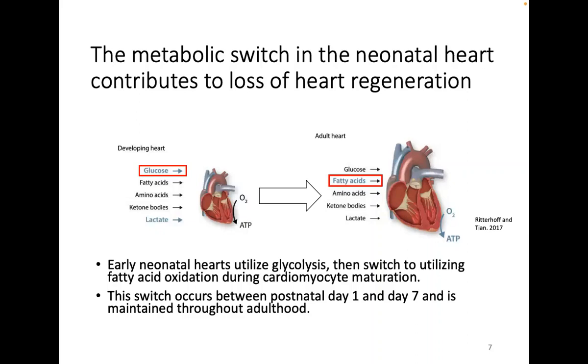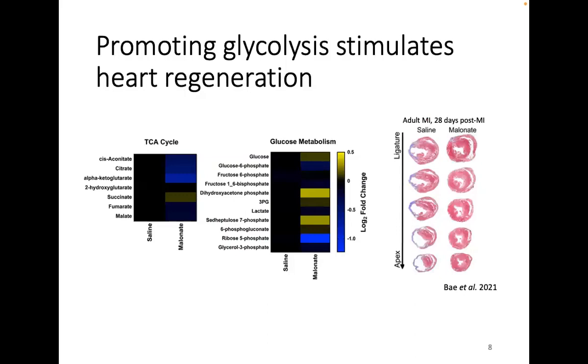So as this switch in metabolic substrate preference occurs at the same time as that switch for heart regeneration, we really wanted to observe whether this could be reversed and switch the adult heart back to relying upon glycolysis in order to stimulate heart regeneration. Previous work done in our lab by a former postdoc showed that if you could switch the heart back to utilizing glycolysis as a primary energy source instead of fatty acid oxidation, you could in fact promote heart regeneration.